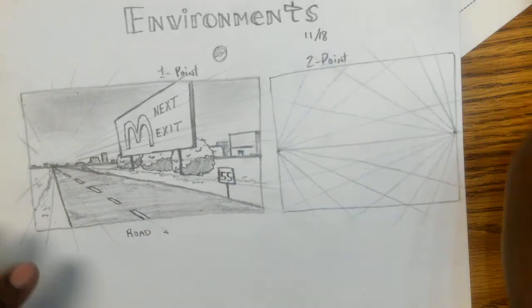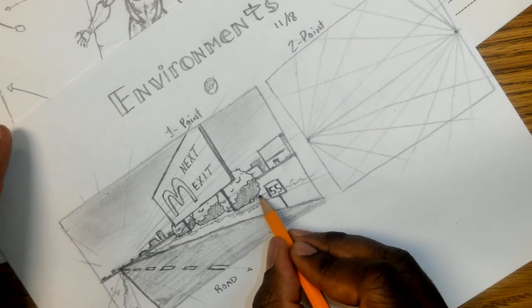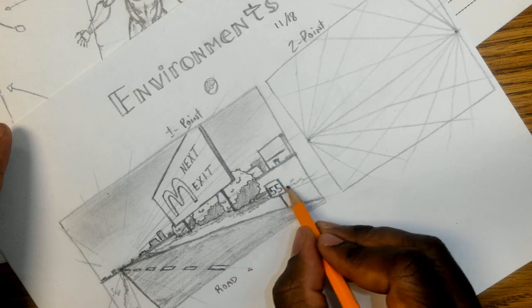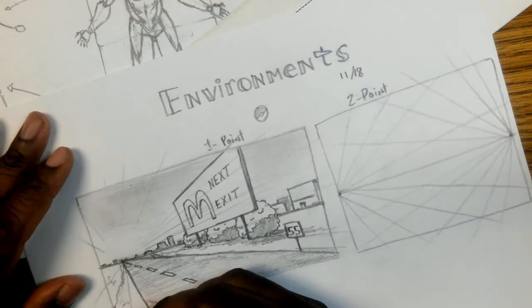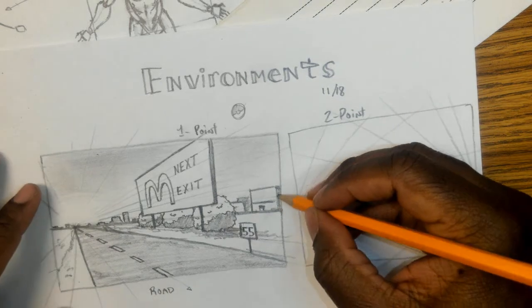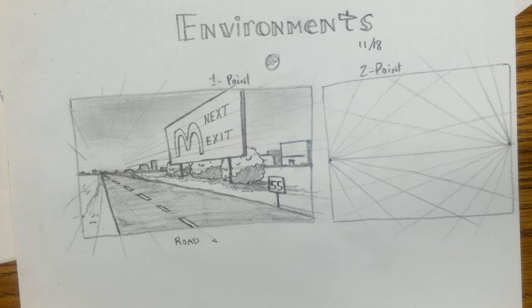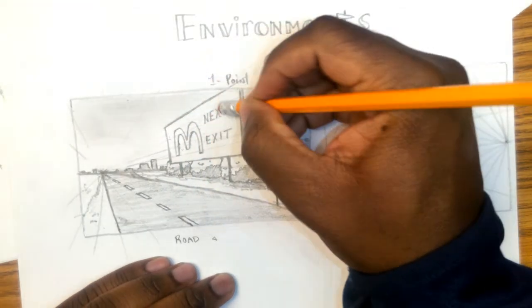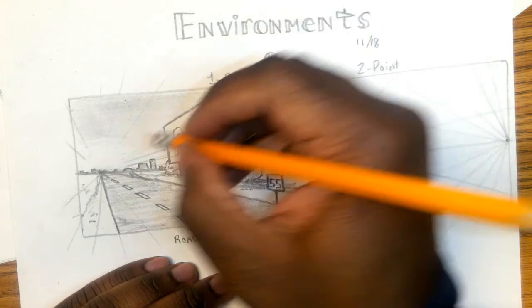So that means that our shading will go this way. And afterwards, you can go ahead and erase.